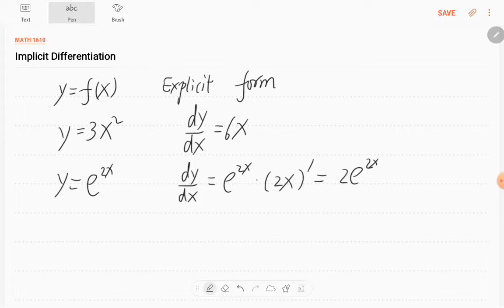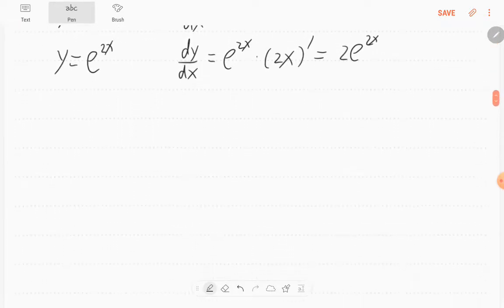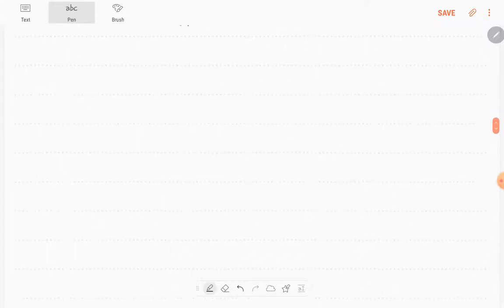That means you can write y in terms of x. However, in some cases it's not easy to write down y as an expression of x. For this one, it's not easy to find the solution y equals something.